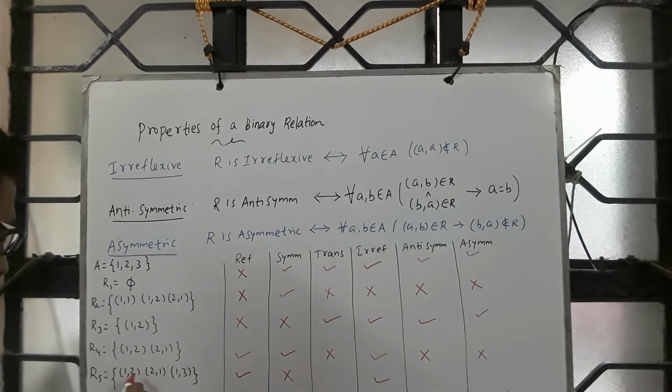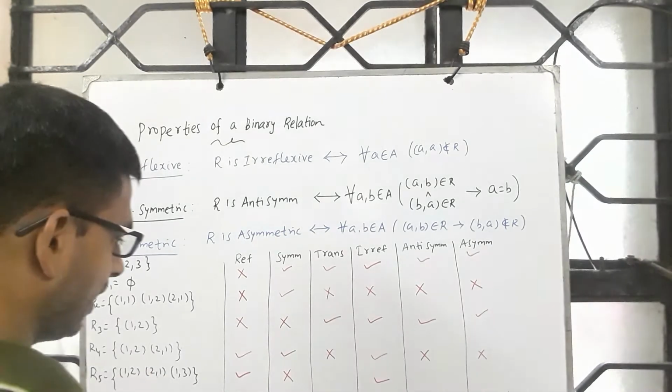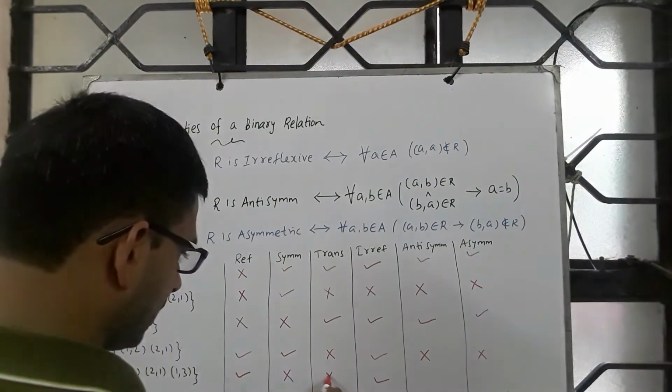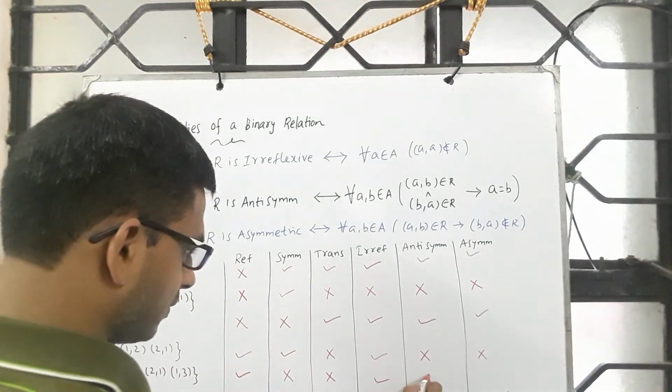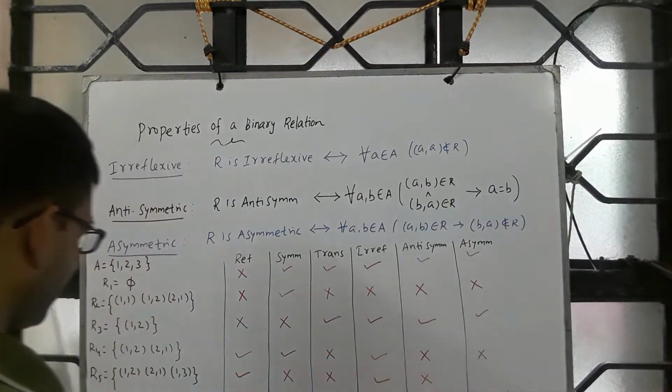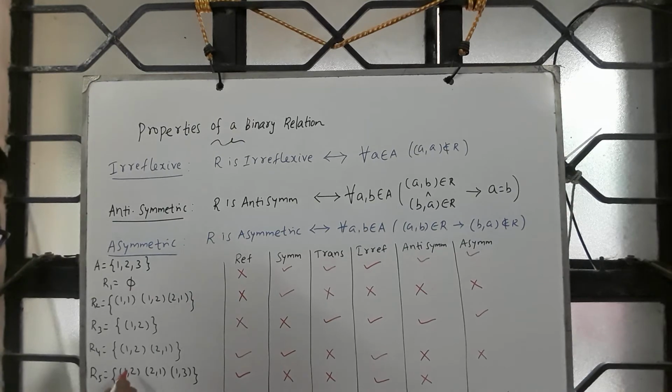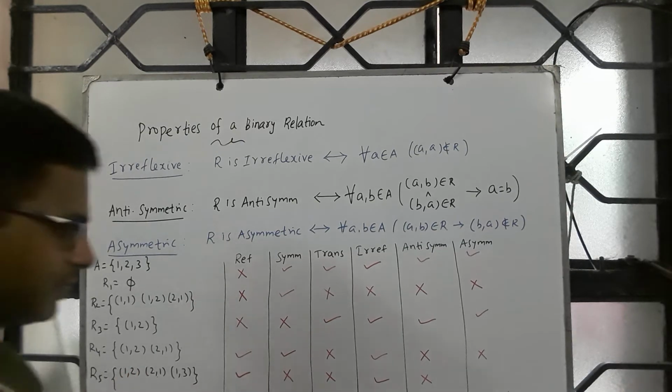And (1, 2), (2, 1): (1, 1) is missing, (2, 2) is missing in R5, so it is not transitive. You find these two, which means 1 and 2 must be same. Answer is no, so it is not antisymmetric. And you find (A, B) and (B, A), so it is not asymmetric.